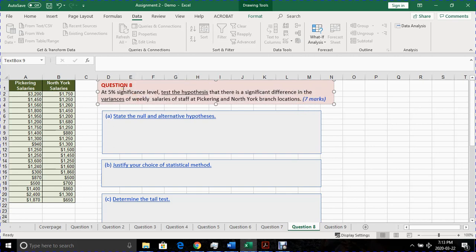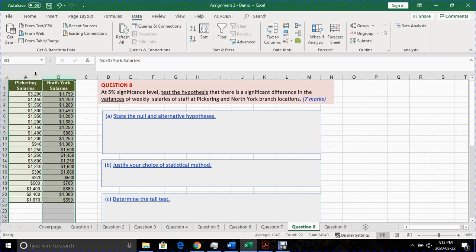So we are no longer looking at significant differences between the means or the average, but now we're looking at whether the 2 samples have equal variances or significant differences in their variances.